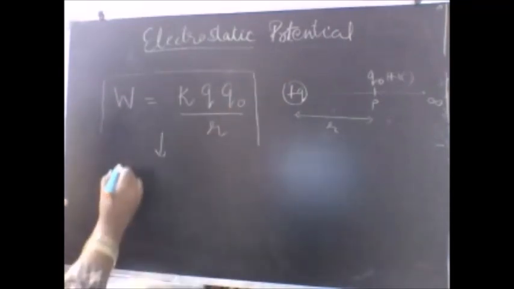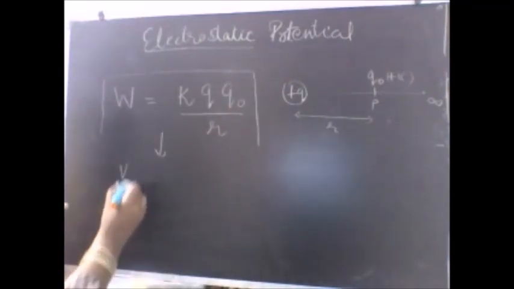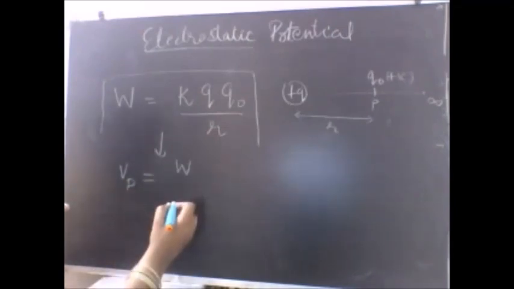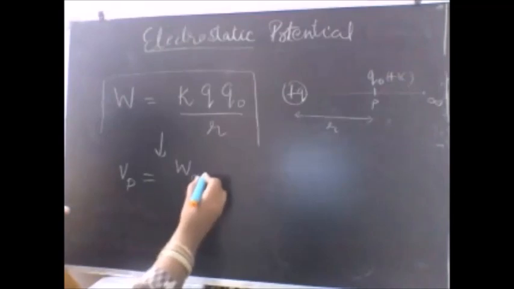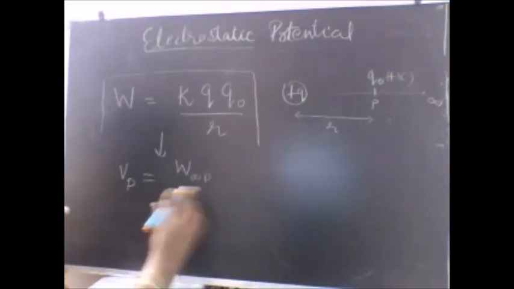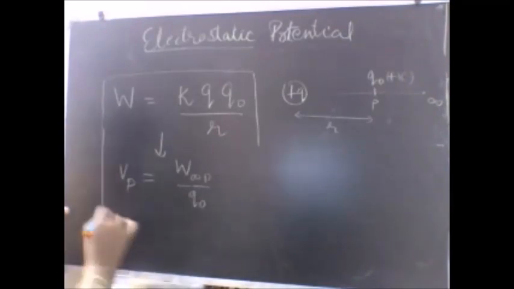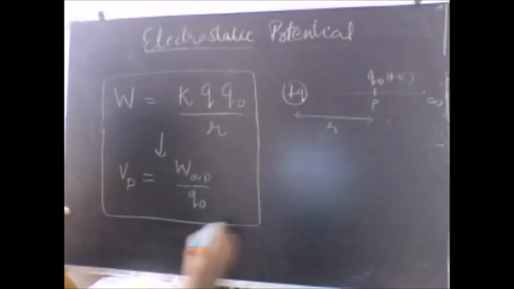So from here the electrostatic potential at the point P is defined as work done in moving a charge from infinity. Which charge? Unit positive test charge from infinity to any point P. So this is the definition of the electrostatic potential.